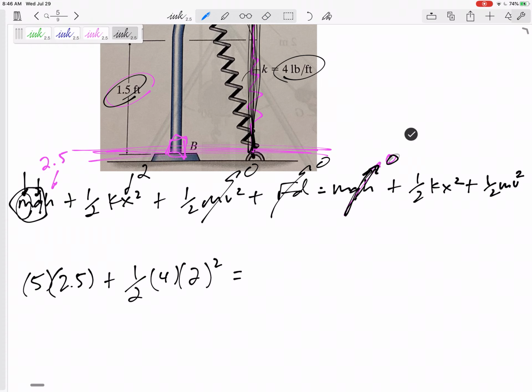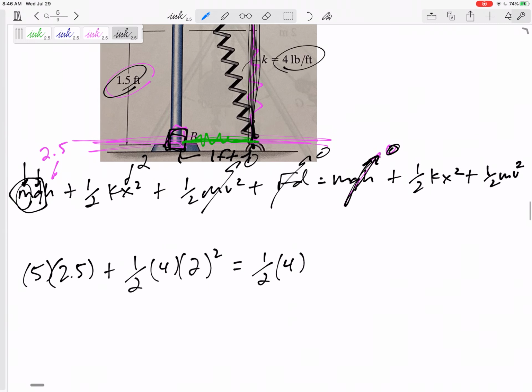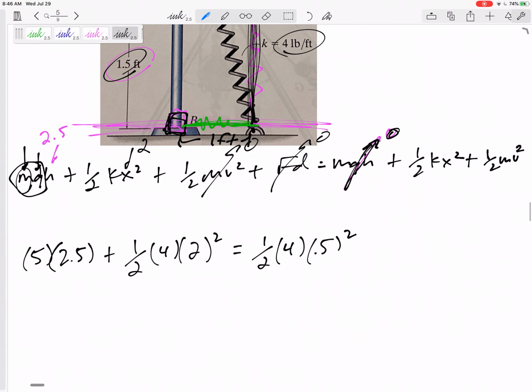On the right-hand side, MGH is 0. We're down here at B. The spring is right here. This green length would be the spring. So this would be 1/2 k. What is its x? Look up there. This is 1 foot, and the unstretched length is 0.5. So this is 0.5 squared. Plus 1/2.